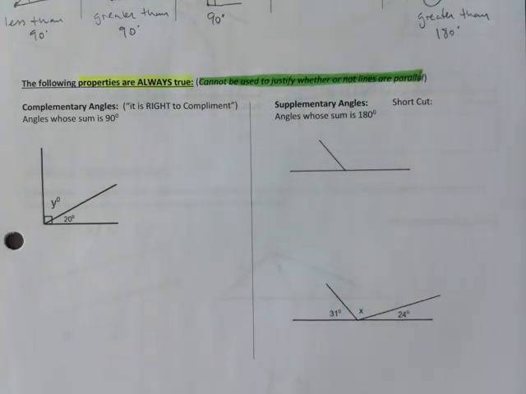I don't know, green doesn't do a good job, does it? Might have to go orange. But you can't use these and say, hey, lines are parallel for this reason.